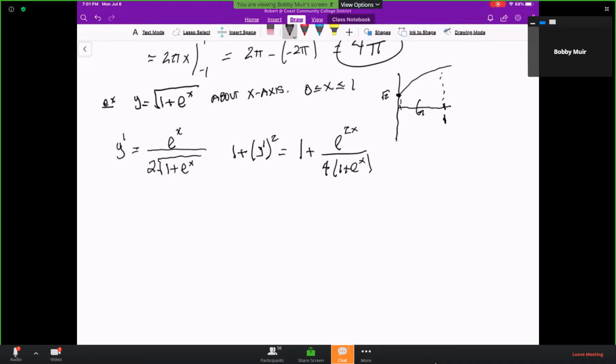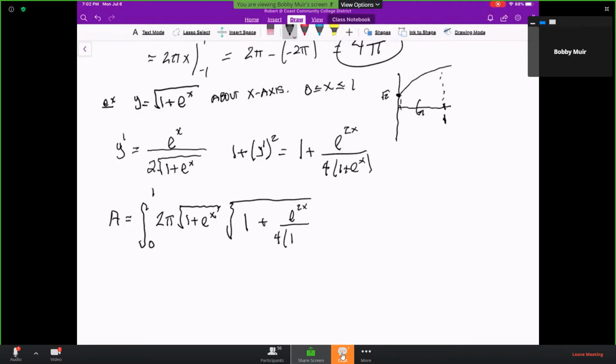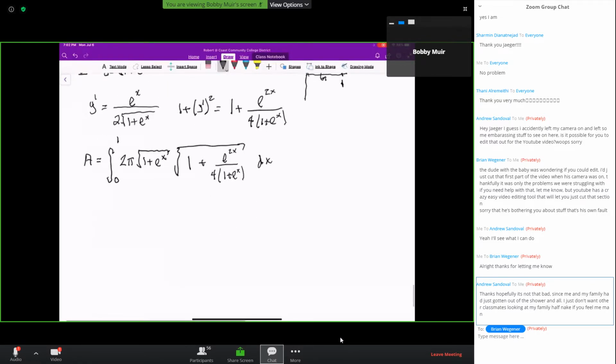And so our area ends up being the integral from 0 to 1 of 2 pi times f of x, which is the square root of 1 plus e to the x, and then times the square root of 1 plus e to the 2x divided by 4 times 1 plus e to the x. Okay. Give you a second on that one.